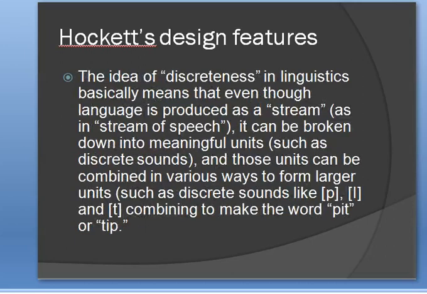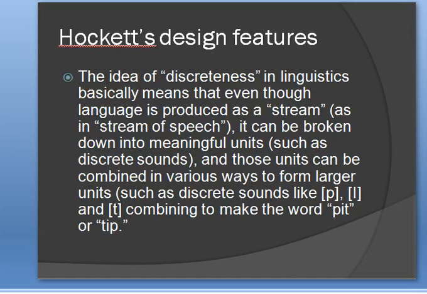If we make it more simple, the idea of discreteness basically means that even though language is produced as a stream, as a stream of speech, it can be broken down into meaningful units, such as discrete sounds, right?